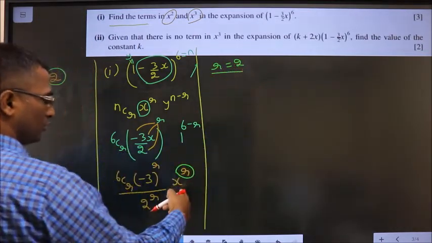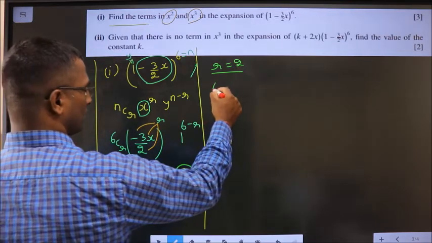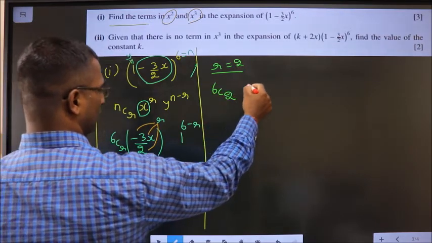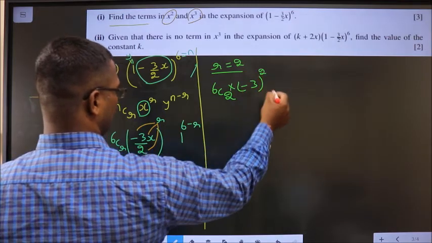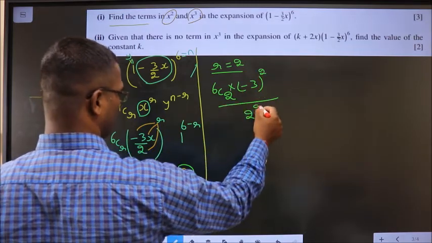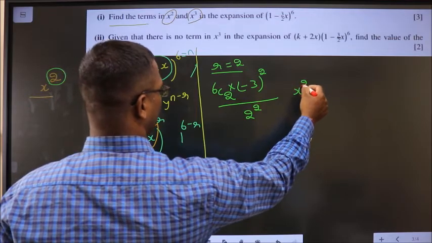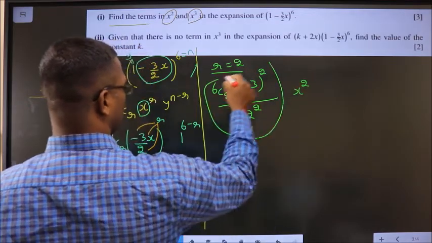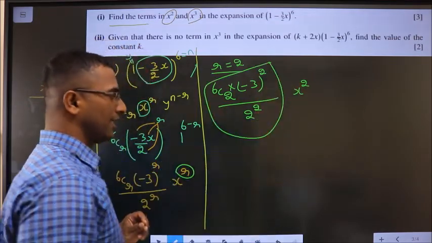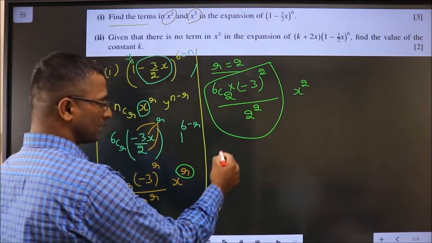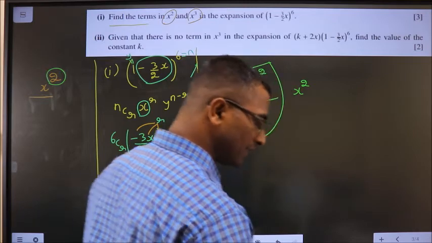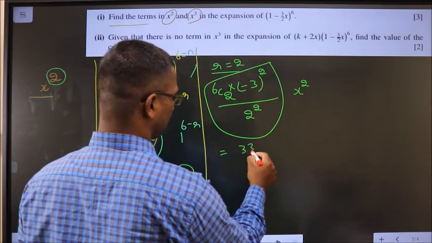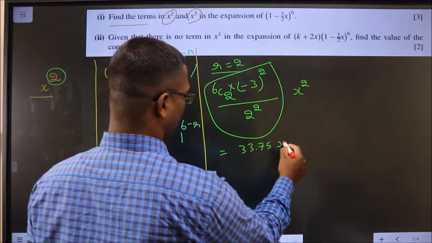Replace r equal to 2 in this. So what do I get? 6C2 into minus 3 power 2 by 2 power 2 x power 2. Place this in the calculator as it is. You get the answer to be 33.75 x square.